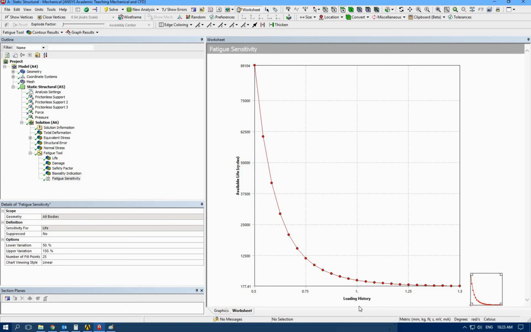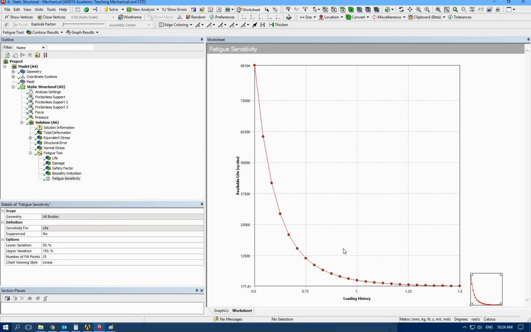This graph is very important for us because number 1 is our current load. So with our current load, the life is going to be about here. I don't know what the number is, but it's less than 10 power 6, so a much smaller number. It is finite life, and we don't like this type of design.